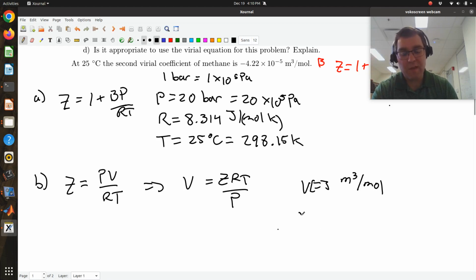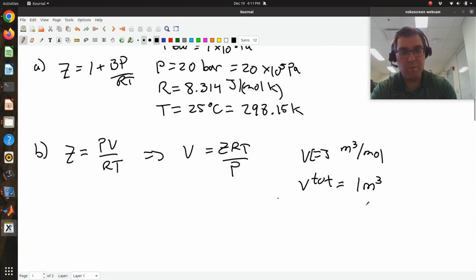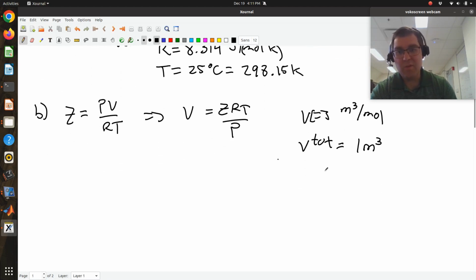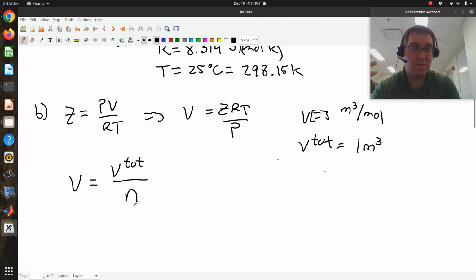In the problem statement, we're also given V total, and V total is 1 meter cubed. So the link between the two is that V, in units of meters cubed per mole, is equivalent to my total volume divided by the number of moles in my system. We assume I have a homogeneous fluid, so my molecules are equally distributed in my box.